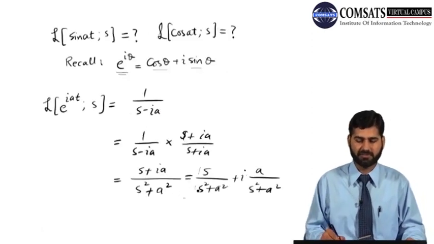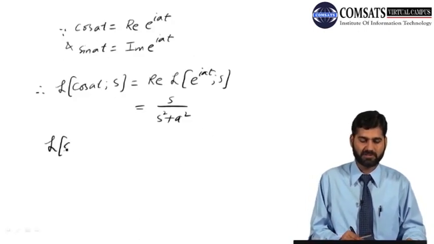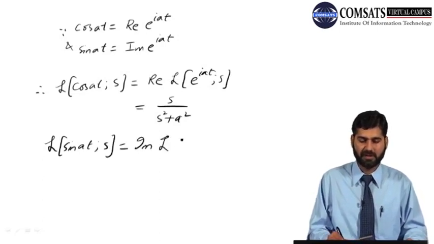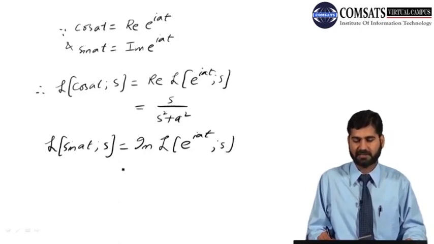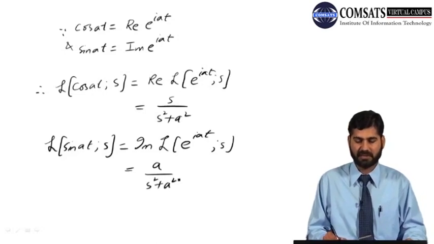Real part is the terms without iota, this one, right? And this term with iota is the imaginary part. So Laplace transform of sine at s is the imaginary part of Laplace transform of e to the iota at s. So that is a over s square plus a square.